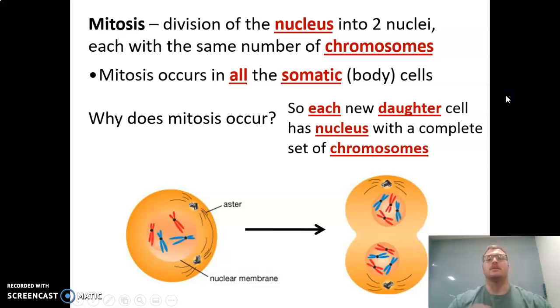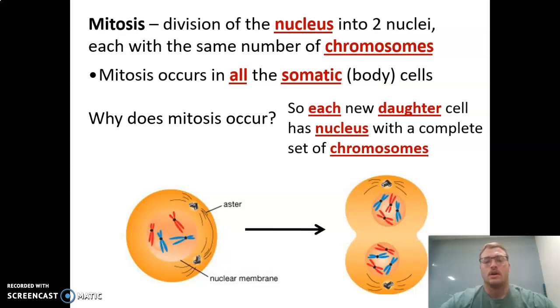So mitosis. Mitosis is the division of the nucleus into two nuclei, each with the same number of chromosomes. This occurs in all somatic body cells, like I mentioned. These are hair, nails, anything that's not sexual reproduction. So why does it occur?